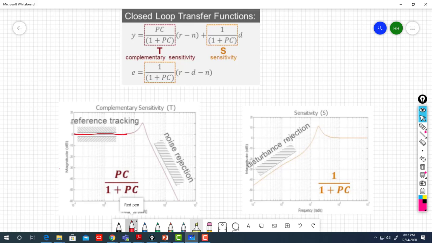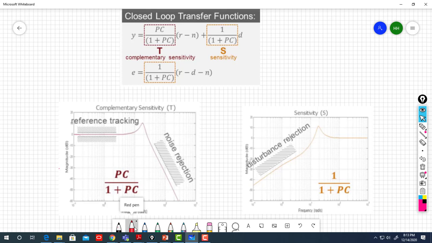If you want your Y to track R well, you should have this DC gain, which is 0 decibel at low frequency. What that means is that 0 decibel means the output equals the input, meaning Y is tracking your desired input.